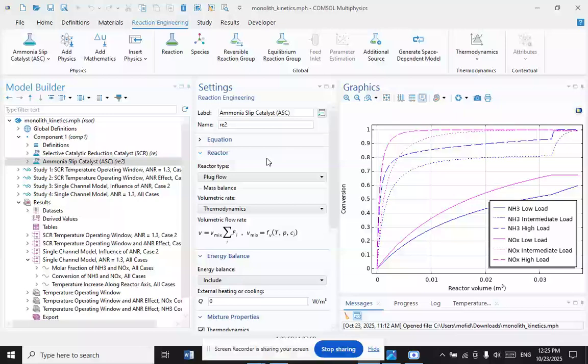It's the application of a monolith reactor, for example, diesel particulate filters or DPF, catalytic incineration, catalyst support for chemical process, and vehicle emission control.